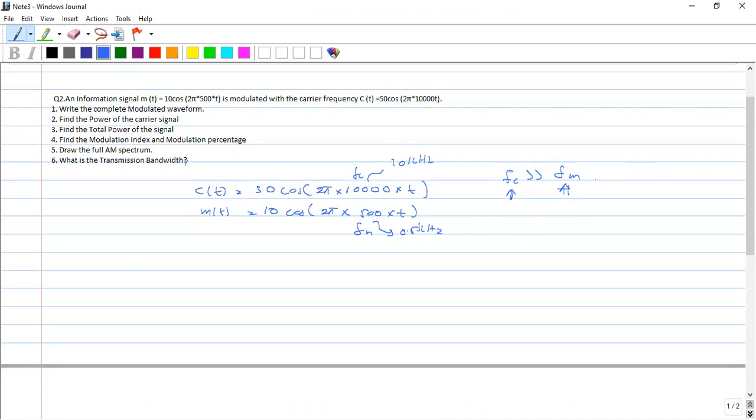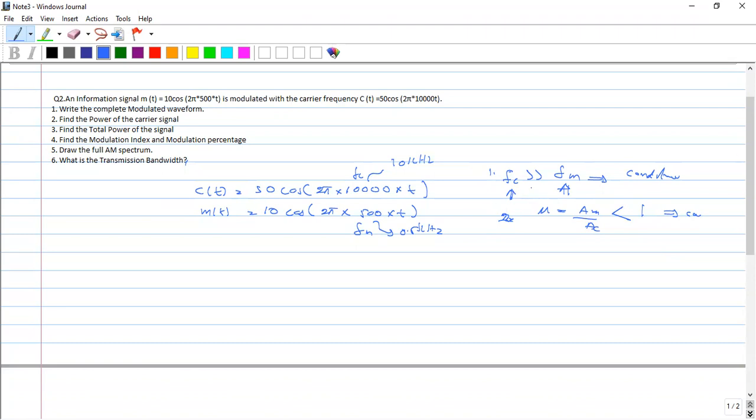This is also a condition in modulation. We also know another condition: mu, that is AM by AC, should be less than 1. These two conditions should be satisfied in modulation to detect the envelope correctly. Otherwise, distortion can happen and we can't correctly detect the envelope.